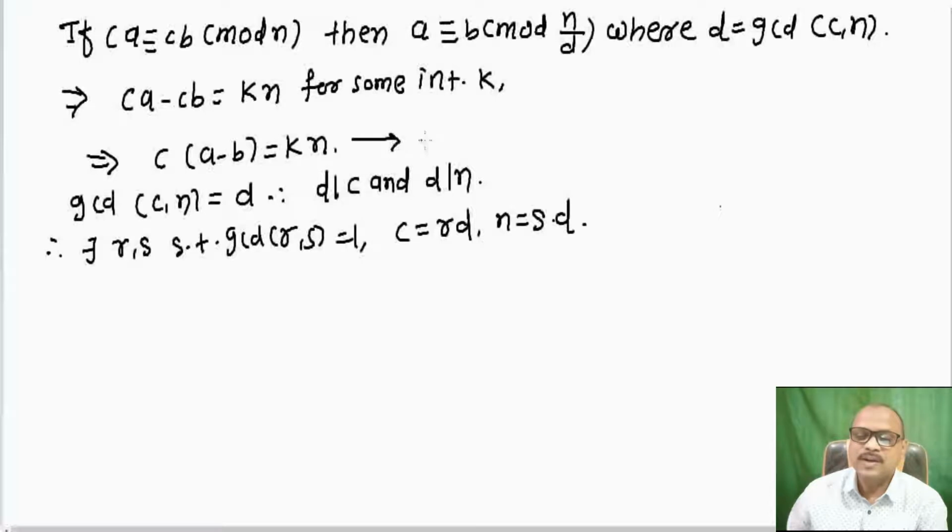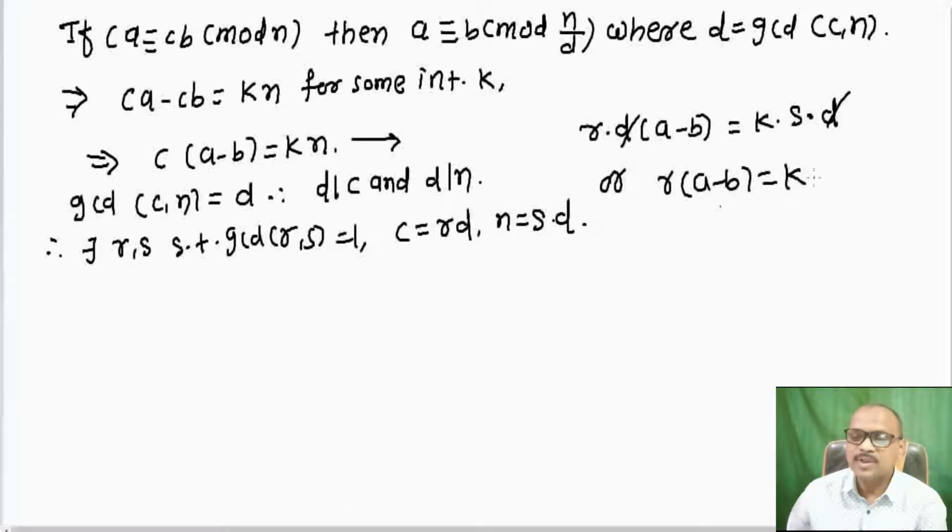Let us put this value here. You can see that c is r times d, so r times d times (a minus b) equals k times n, which is s times d. The d will be cancelled, so we have r times (a minus b) equals k times s. This implies that s is a divisor of r times (a minus b). Now, by Euclid's lemma, s is a divisor of either r or a minus b, but GCD of s and r is equal to 1.